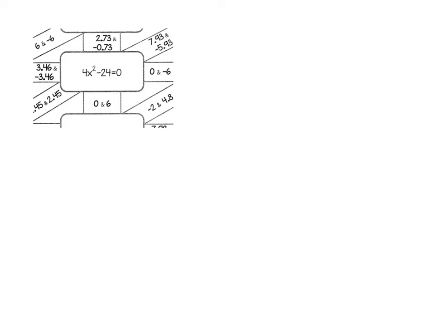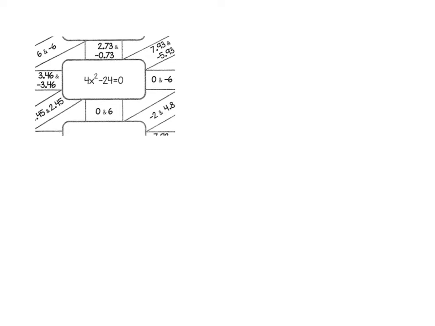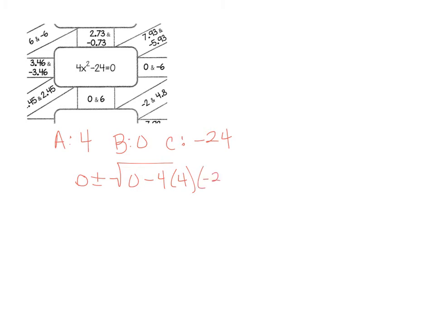Alright, on this next one, we do have an a. A is 4. There's no x value, so b is going to be 0. And c is going to be negative 24. So I've got negative b, which is just going to be 0, plus or minus the square root of b squared is going to be 0, minus 4 times a times c. Whole thing over 2a, which is going to be 8.